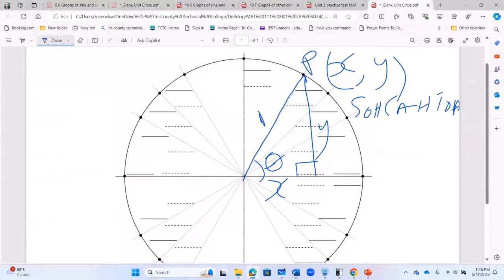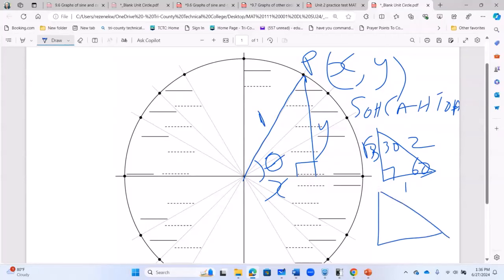Okay, so SOHCAHTOA, we can't forget that. And we cannot forget special right triangles. There are two of them. So this is root 3 opposite to 60. And this is 30. This is 1. This is 2. And it's another special right triangle, 45, 45, 90.